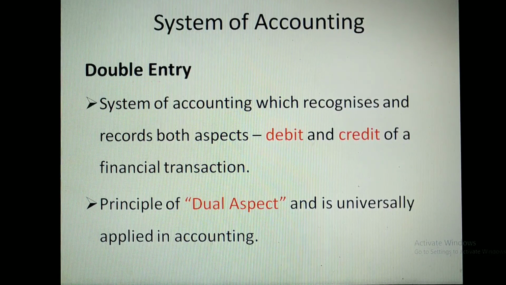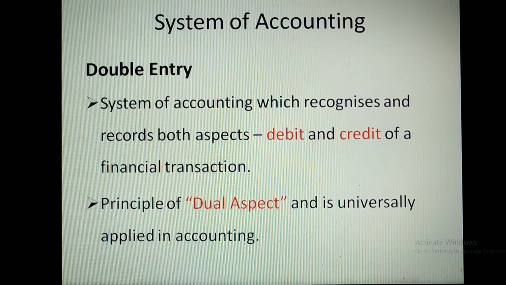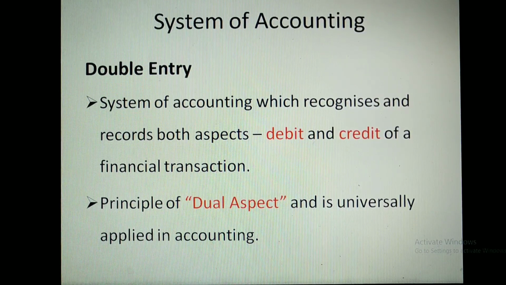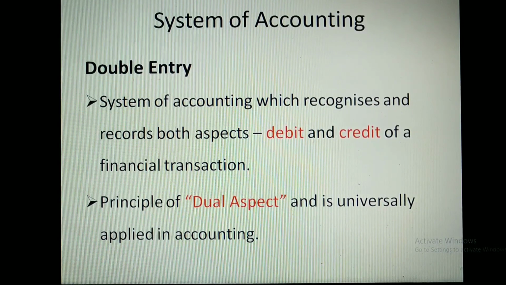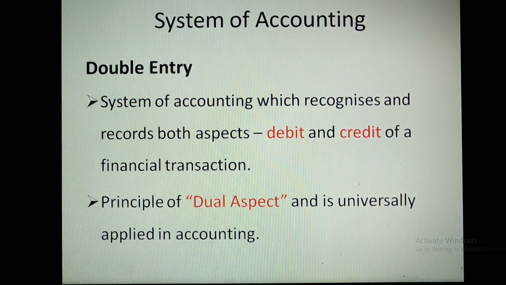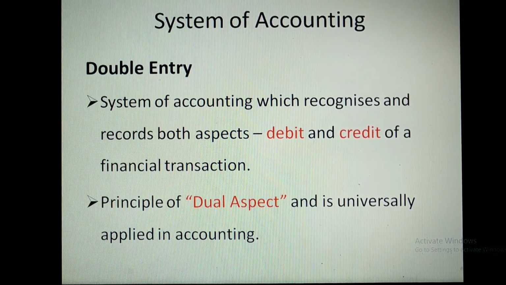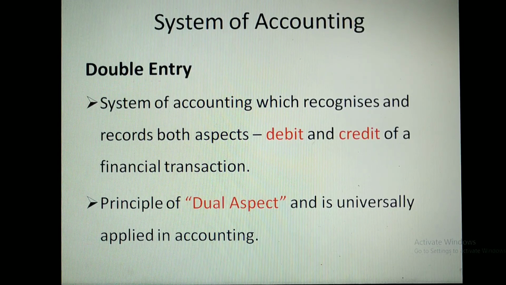The second point says it is a principle of dual aspect and is universally applied in accounting, which means that the double entry system of accounting is widely accepted and mostly used, and moreover it is a dual aspect, that means it records both debit and credit aspects of a financial transaction.